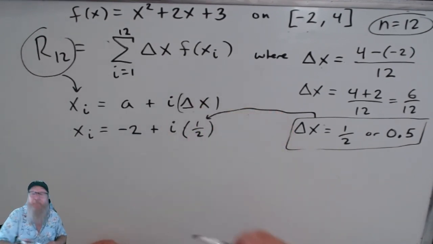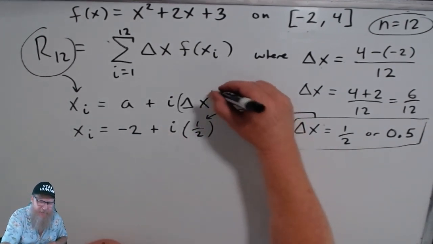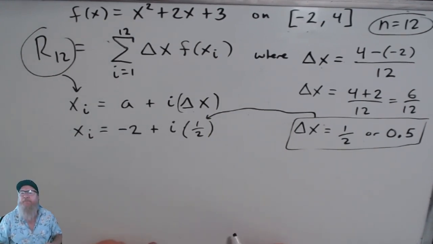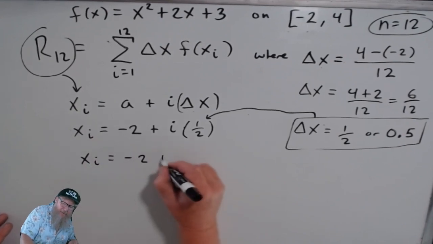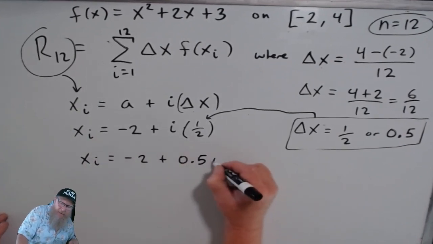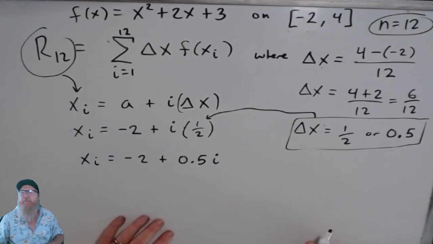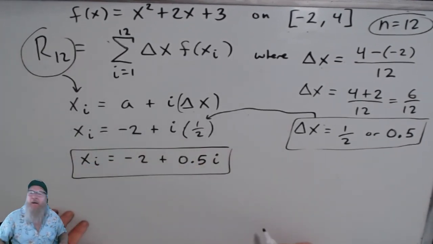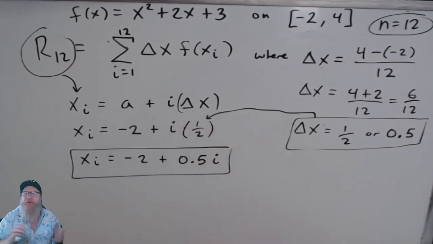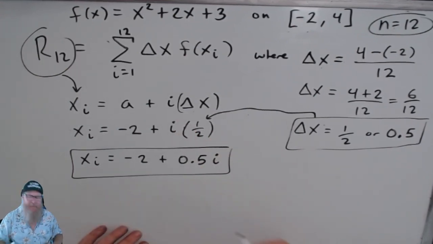Sometimes it's nice to put parentheses around the delta x. Or you could use a dot. You can also write it this way. And I think I like that one. There's another way you could say i over 2. That would also be okay. At this point, I'm going to stop and say there's my xi.